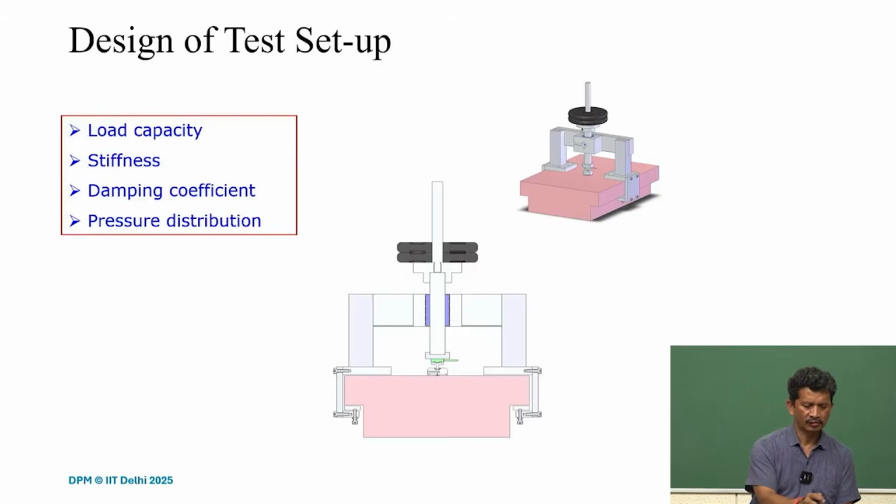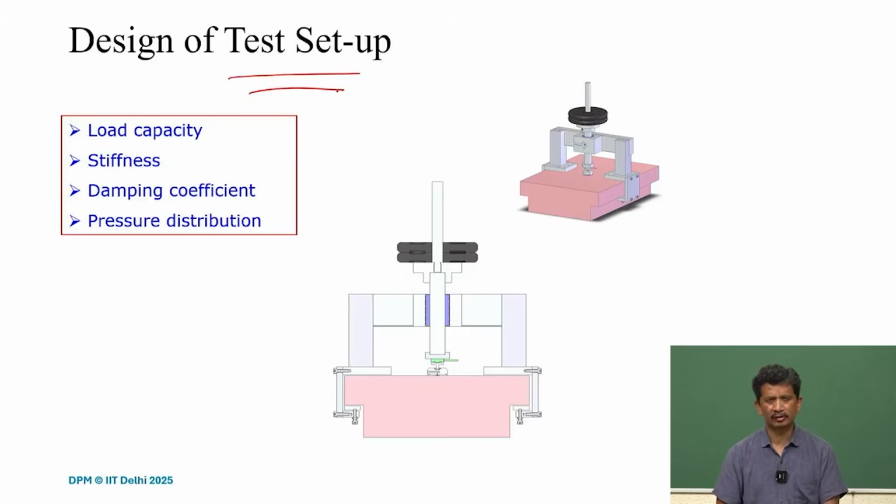So what we also try to do is develop a test setup, and whether for a given bearing diameter and the different parameters we have, we can do some measurements and characterize it. So we developed a test setup, a test bench we call it.